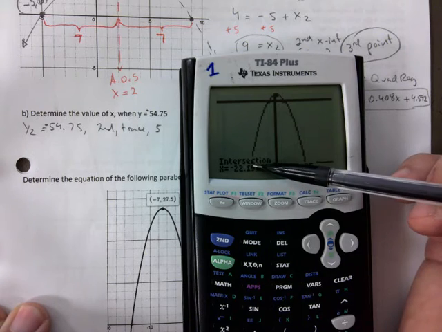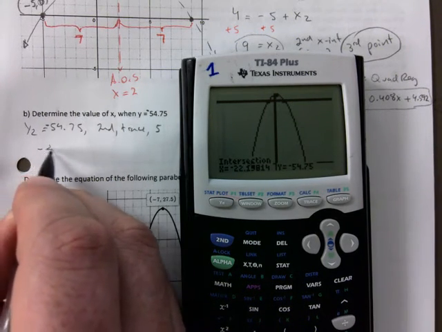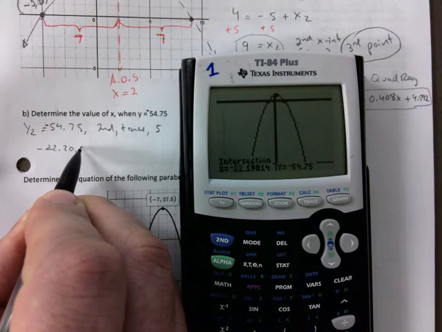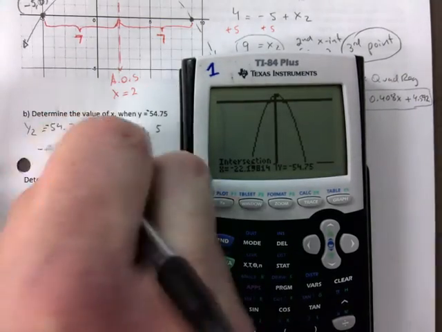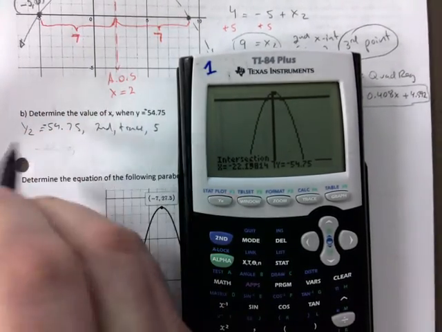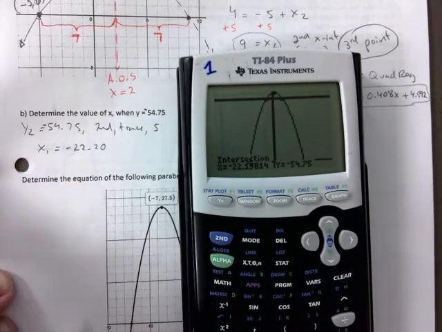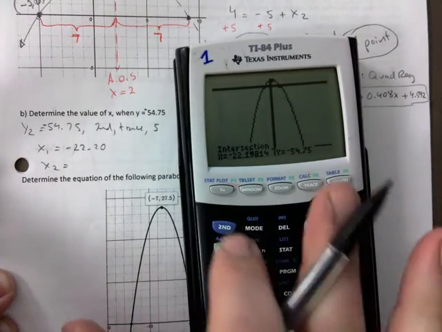It found the first one right here, which is negative 22.20. You know what? I will just answer like this. X1 is negative 22.20. And X2, I'm about to find out.